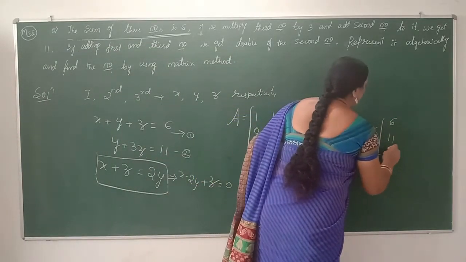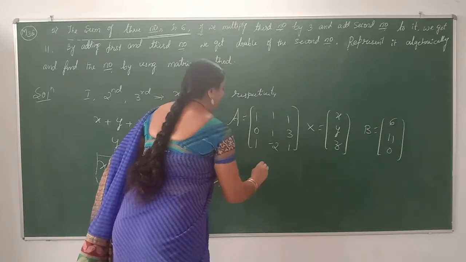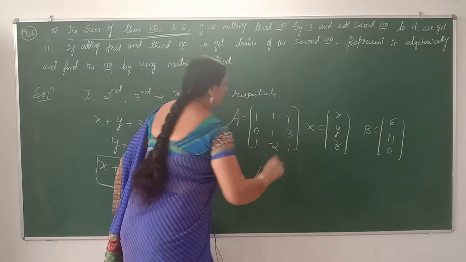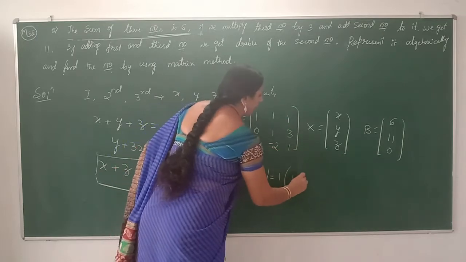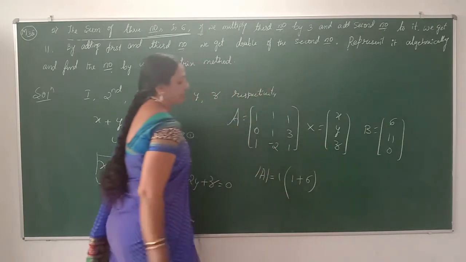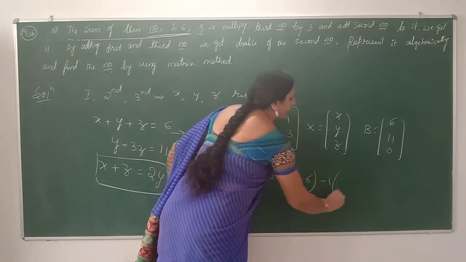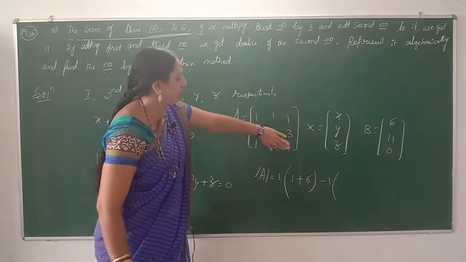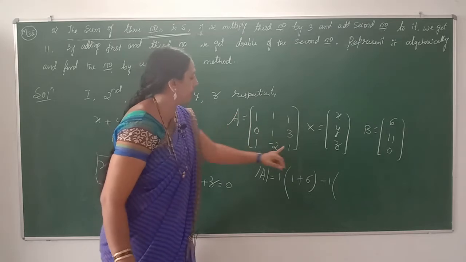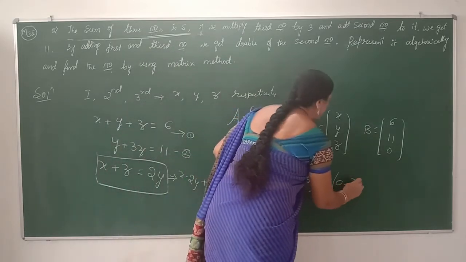Then solving, the determinant of A: the first element is 1, and the remaining elements give minus 2 minus 1, which is minus 3, with minus into minus giving plus 6. The second element is minus 1, and the remaining are 0 minus 3.